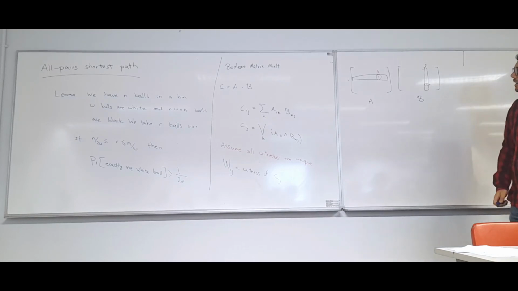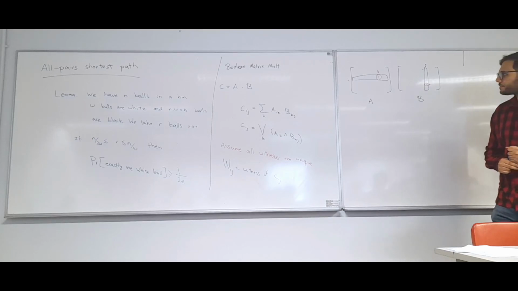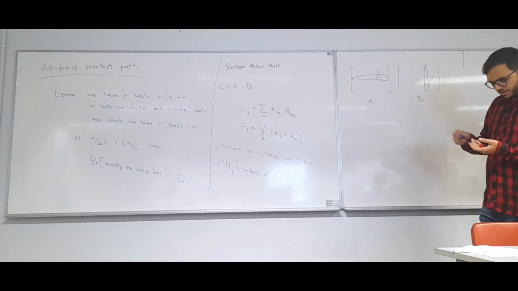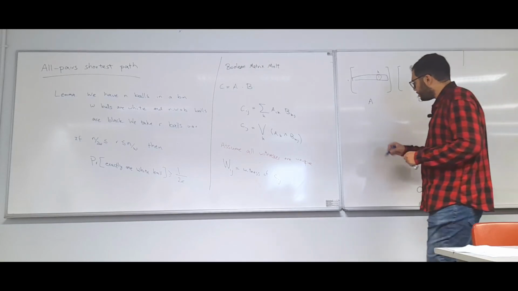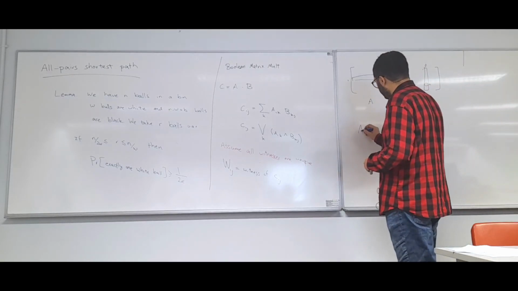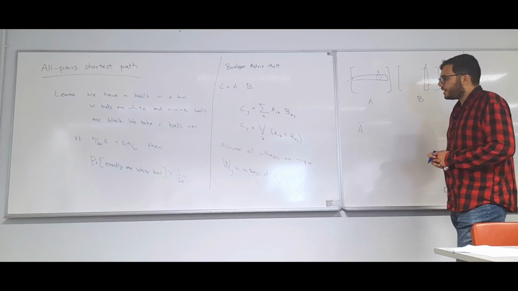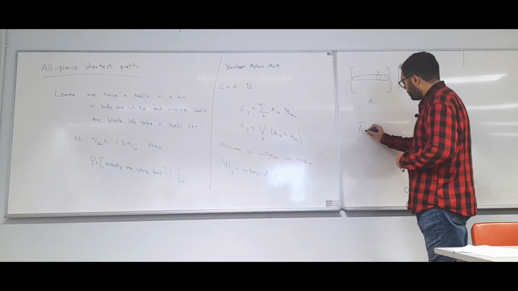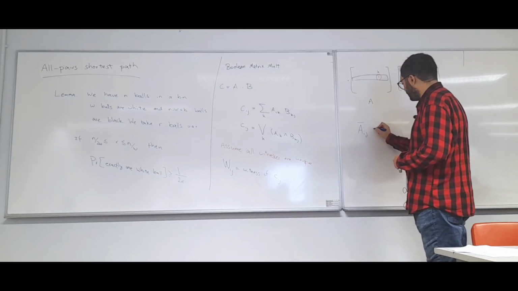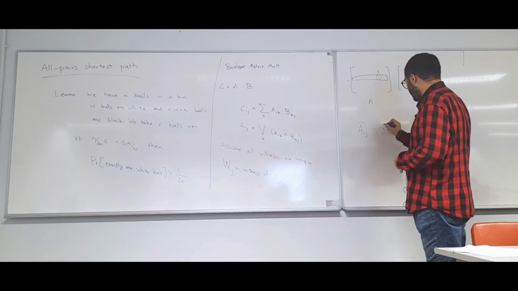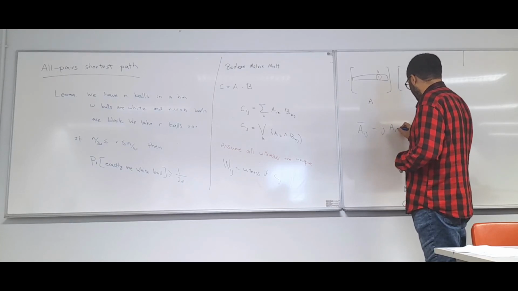So here's what I would do. I can take my matrix A and change it. Let's say I create a new matrix, let's call it A bar, and I say that A bar of ij is going to be j times A of ij.